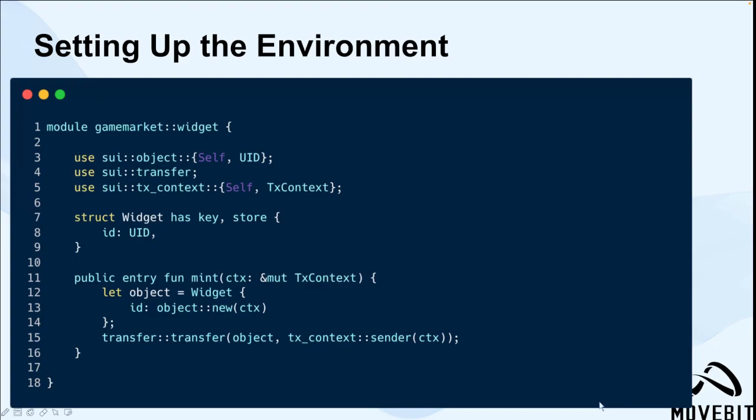The ctx parameter is just a mutable reference to the transaction context, which provides access to transaction-related information, such as the sender's address. The object new function will create a new unique identifier for the widget, and the transfer function will transfer the widget to the sender. We also need to prepare some test coin tokens for the process, and you should be able to get them since we have already covered that in the previous lesson.